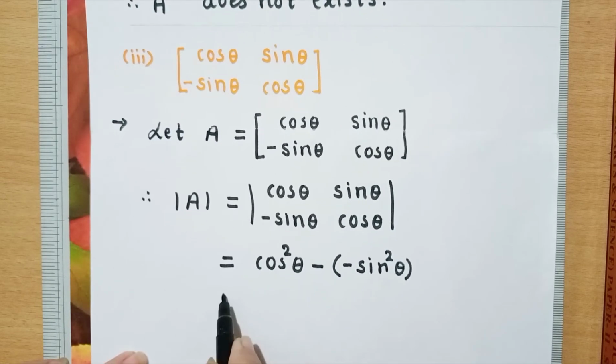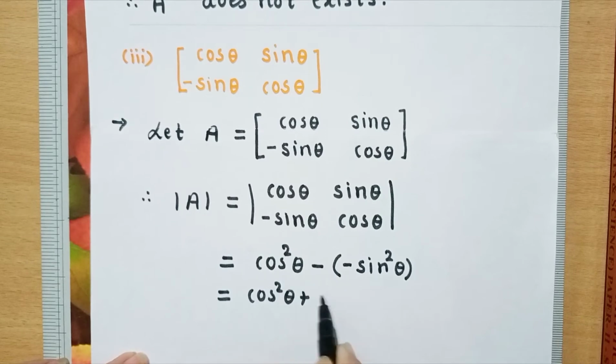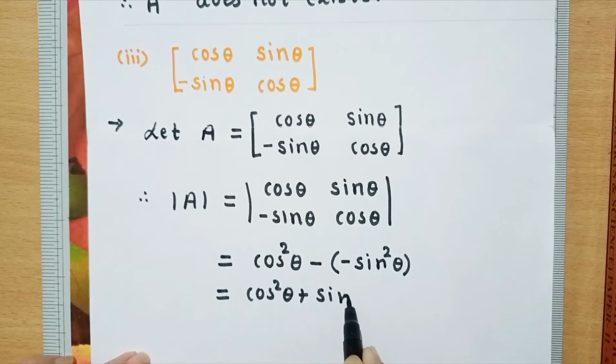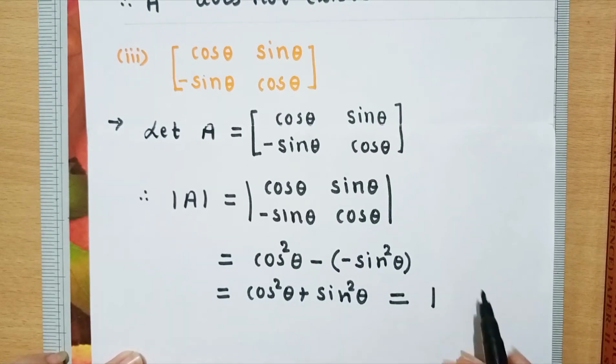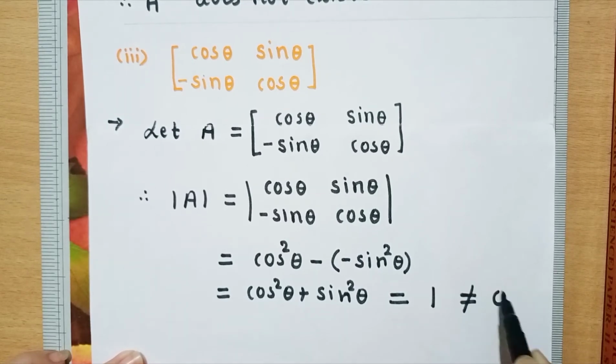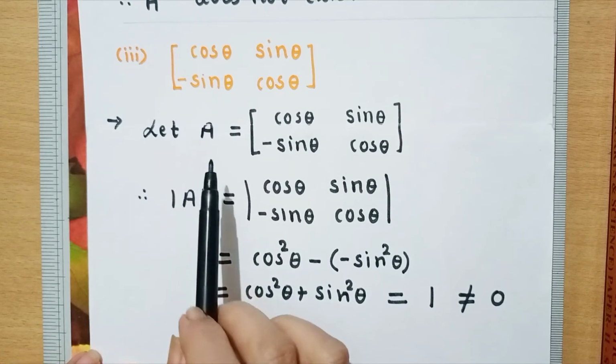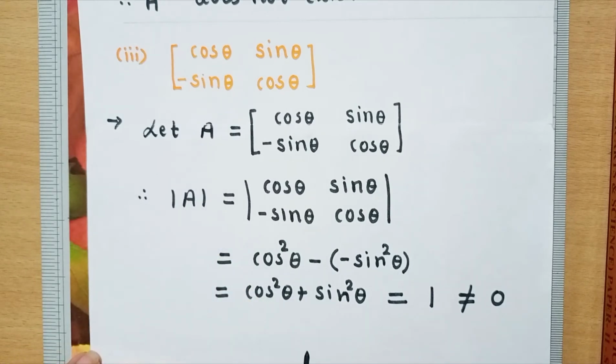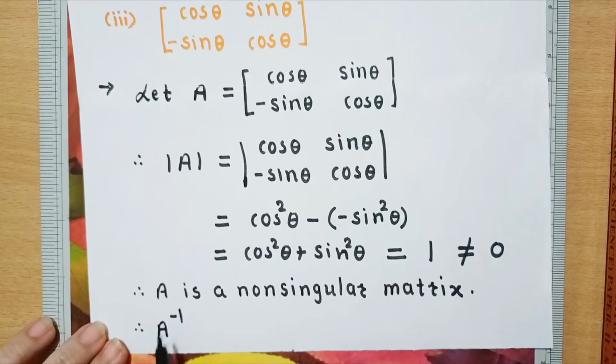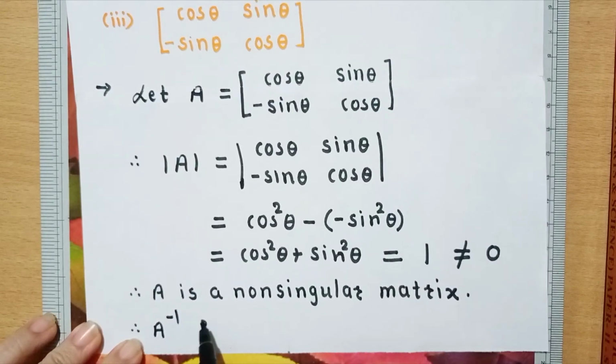Minus minus is plus, so cos square theta plus sin square theta, and its value is 1, which is not equal to 0. Therefore A is a non-singular matrix and therefore A inverse exists.